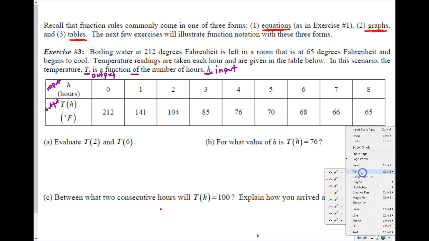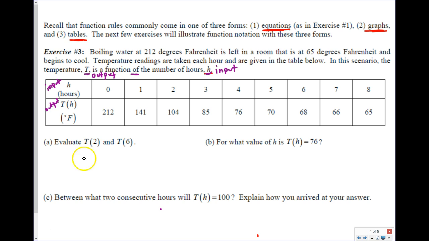Now let's take a look at what the question's asking. Number 1, letter A says evaluate t of 2 and t of 6. So this is asking where h is equal to 2 and where h is equal to 6. I'm going to go to my table and look, here's hours at the top, here's 2, and there's my output of 104.